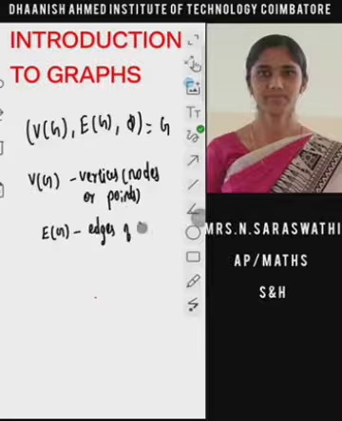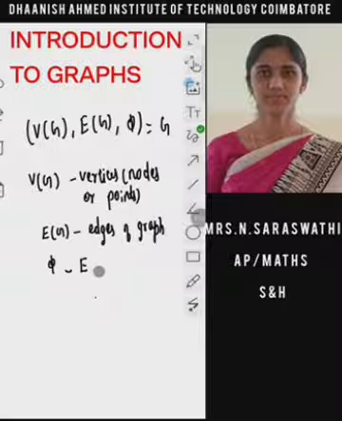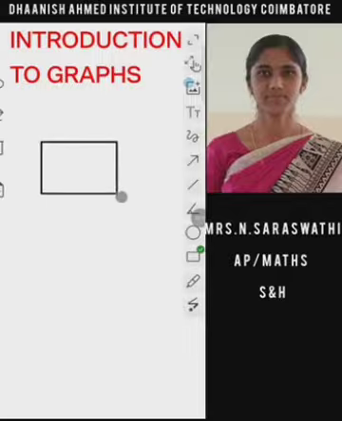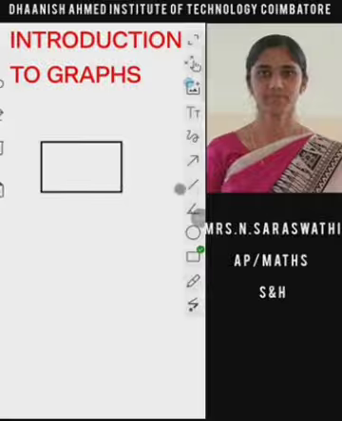and E of G represents the set of edges of the graph. And here pi represents the mapping from the set of edges, that is we can represent E, to a set of ordered or unordered pairs of elements of V. Now consider the example for the graph like this.